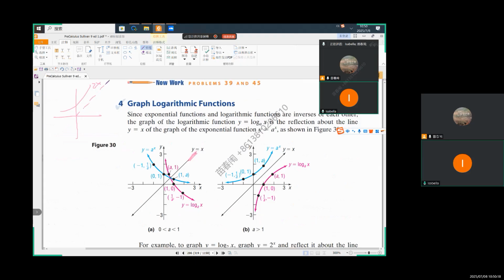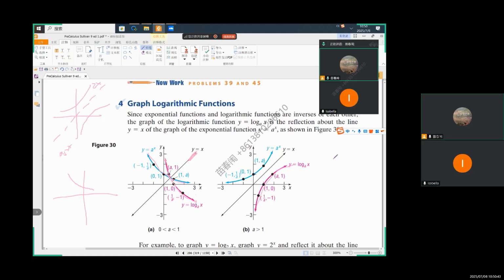Okay, that kind of makes sense. So that'll be this one, right? Like this. And if it's 1/2, if it is 0.5 to the x power, there'll be something like this, and then use symmetry.